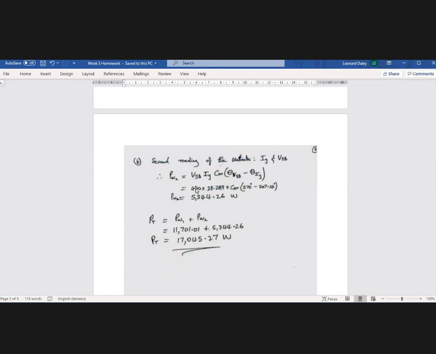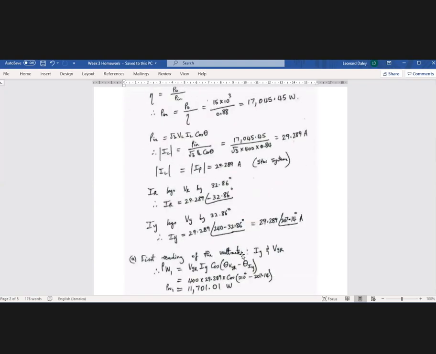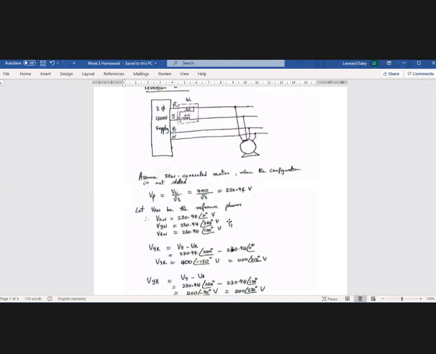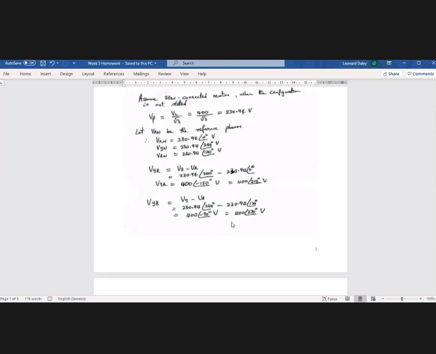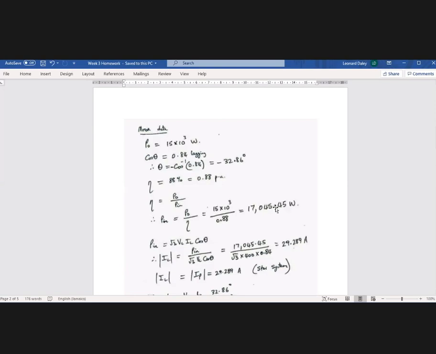So 400 times the 29.289 times the cos of VYB at 270 and IY at 207.14. So the second reading of the wattmeter is 5,344.26 watts. When you add them up now, you get the 17,05, and the decimals are a little bit off, but it's probably more due to rounding off really.